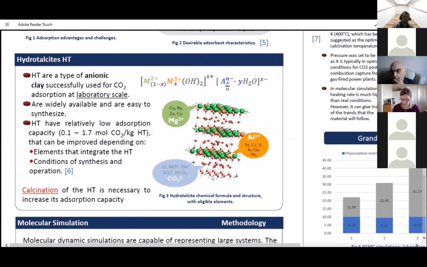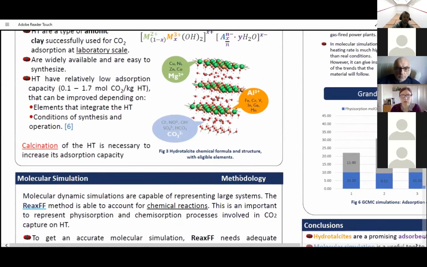And this repeats infinitely, if you want to look at it like that. And the main problem with the study so far has been that there are so many different elements you can put in here for the cations and the anions that it's hard to do an experimental setup with all of them. And that's another thing we are pursuing with the molecular simulation, to be able to do all this screening without actually carrying out all the experiments, which wouldn't be very practical.